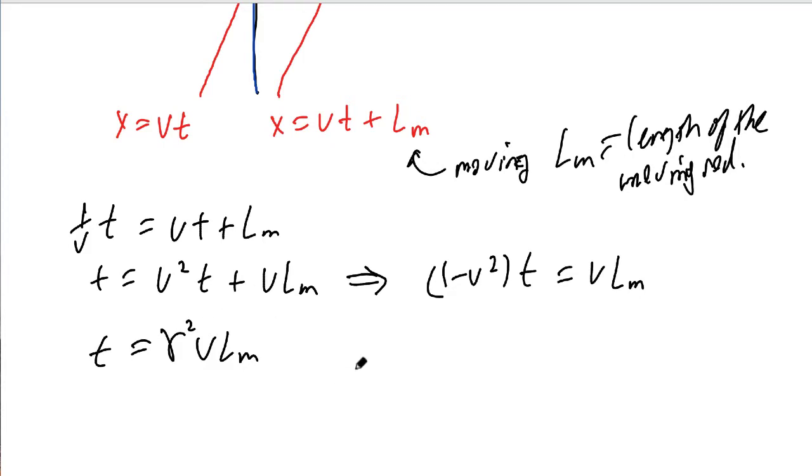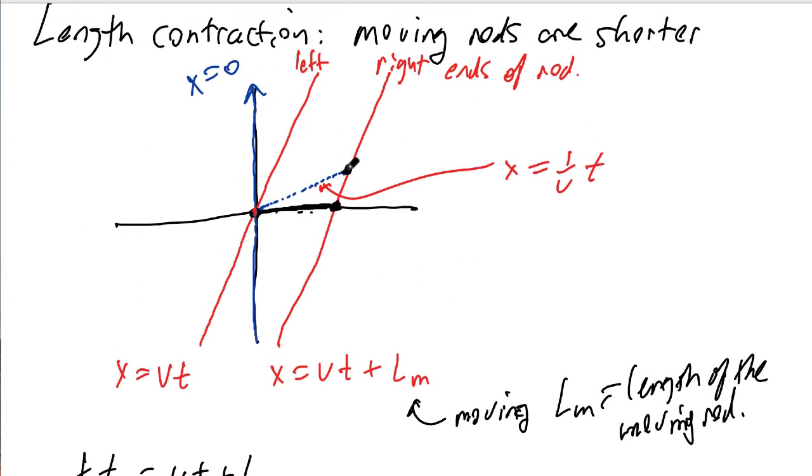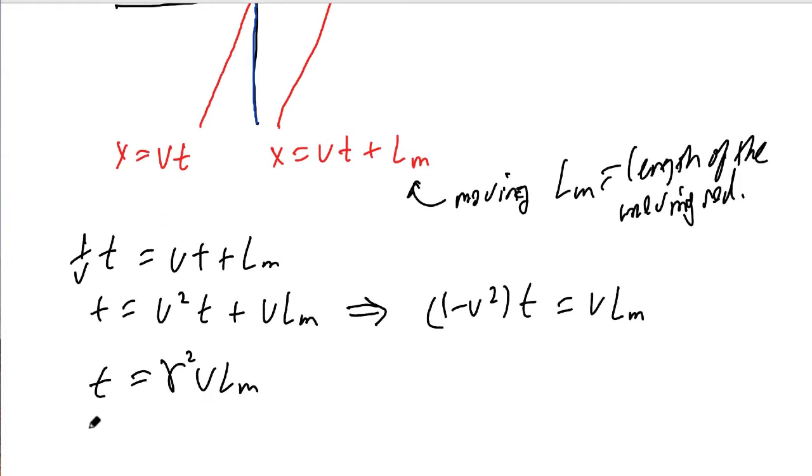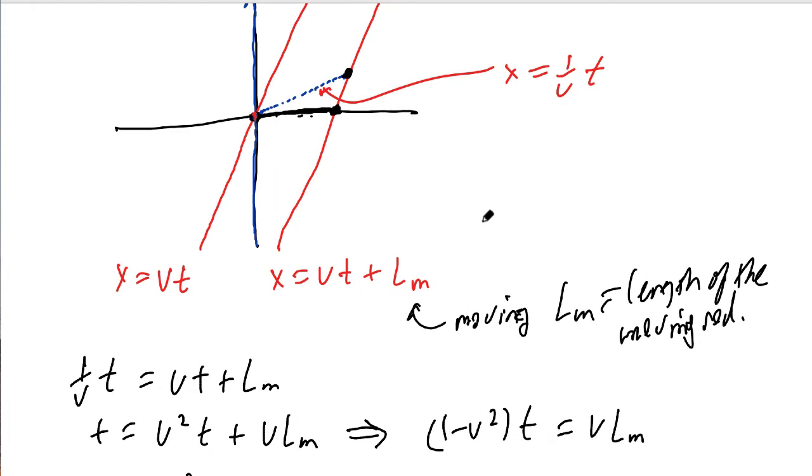All right, so that's the t coordinate of this event, and the x coordinate is just 1 over v times the t coordinate. So the x coordinate is just gamma squared times lm. Now, what is the proper length of this line segment?